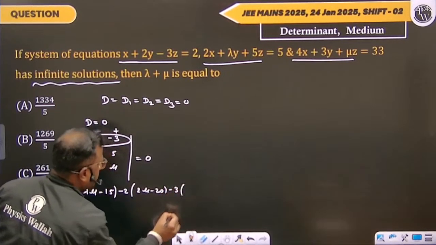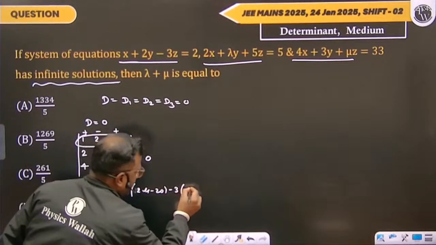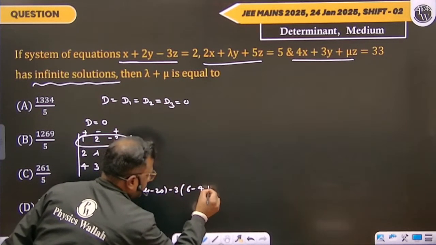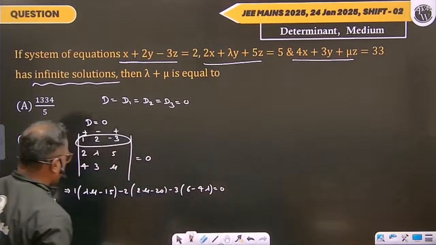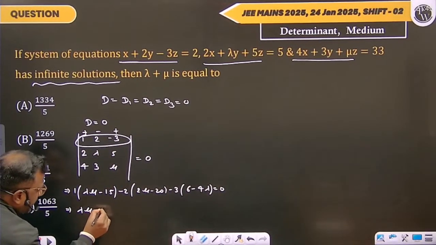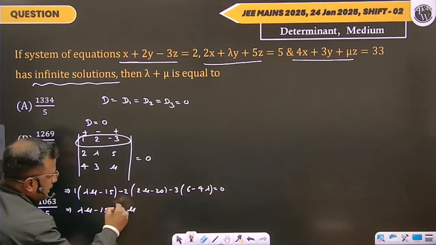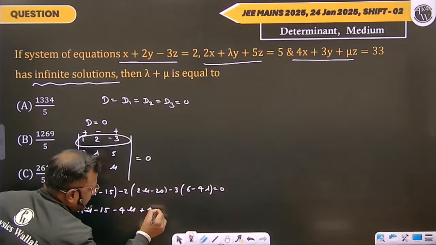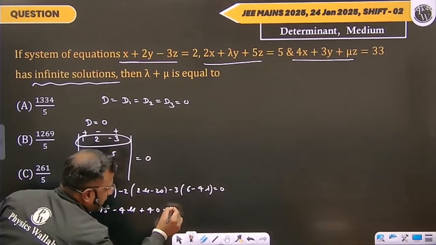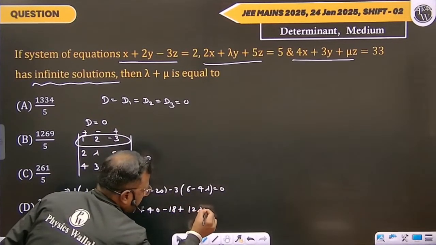Minus 3, this column this row removed: 6 minus 4 lambda, equal to 0. Now solve: lambda mu minus 15 minus 4 mu plus 40 minus 18 plus 12 lambda.